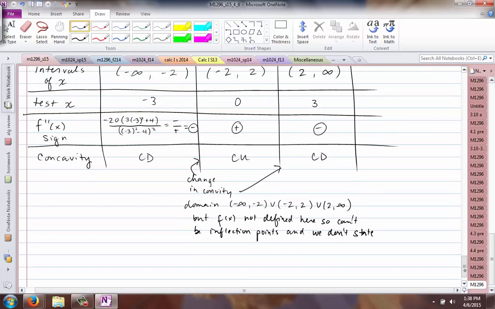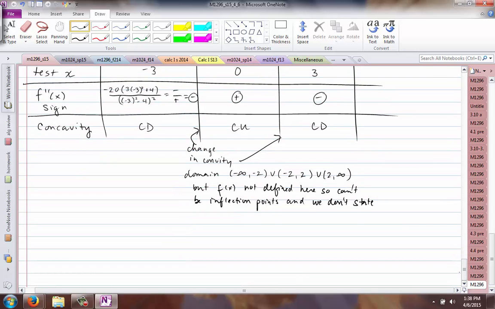So now we've finished that part, and the very last part left is the sketch. I had some guidelines in section 4.3, and pretty much I just have an extension of that. First, plot important points.